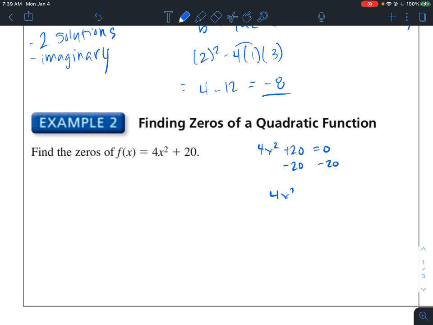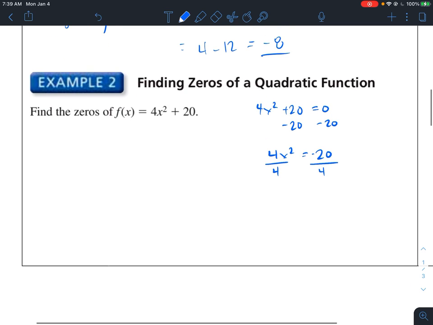So 4x squared is equal to negative 20. Divide by 4. So x squared is equal to negative 5. And I take the square root. So x is equal to plus or minus the square root of negative 5.